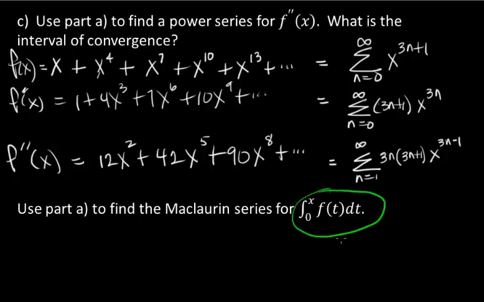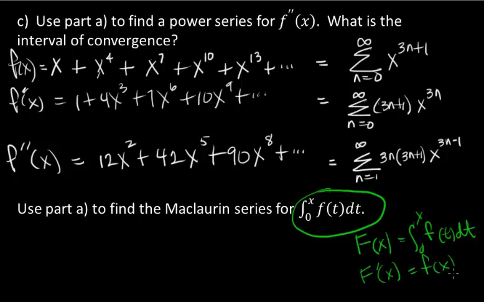I know that if this function is called capital F of x, the integral from 0 to x of little f of t dt, which we were given in part A, I know that f prime of x is little f of x. And so that tells me that to get a series for this, I will integrate the series for f of x and make sure that it is equal to 0 when x is equal to 0.